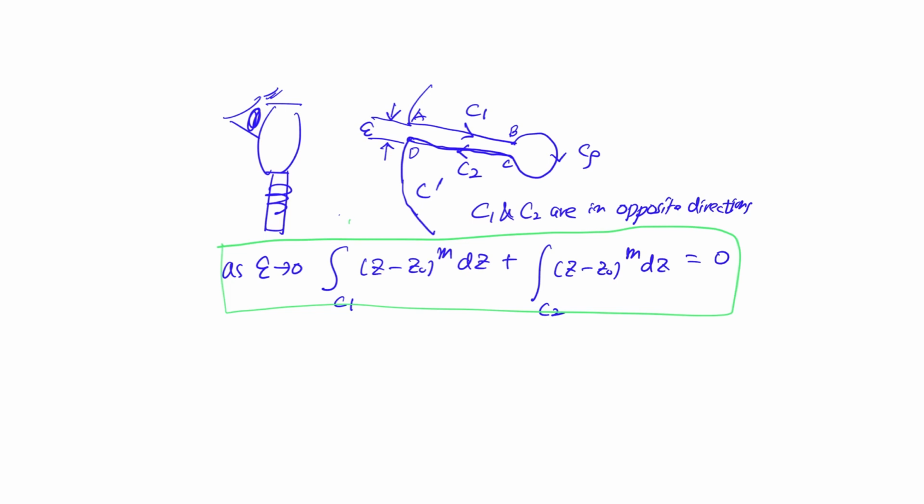If epsilon is going to 0, then they are going to be in one plane, and C1 and C2 are in opposite direction. So when you do the integral in opposite direction, you have a change of sign, right? So it becomes 0, right?